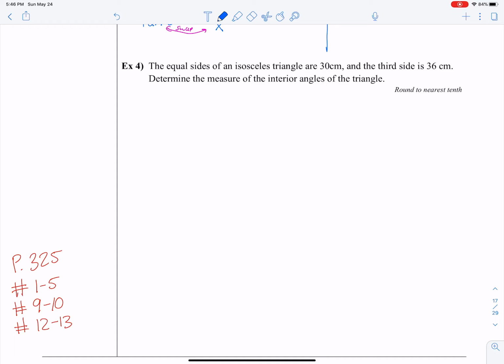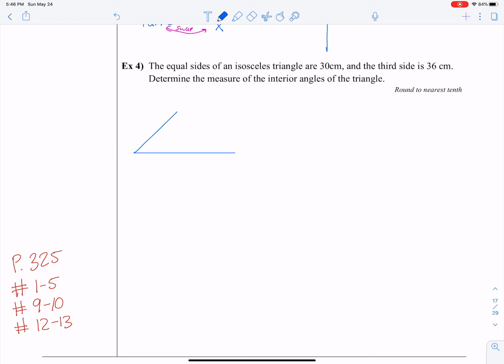So isosceles triangle means that two of the sides are the same length and then one side is a different length. So let's draw a triangle here. Ooh, terrible. Let's try again.